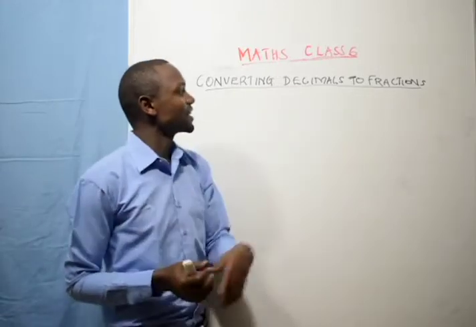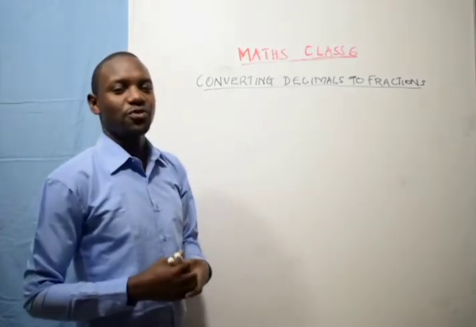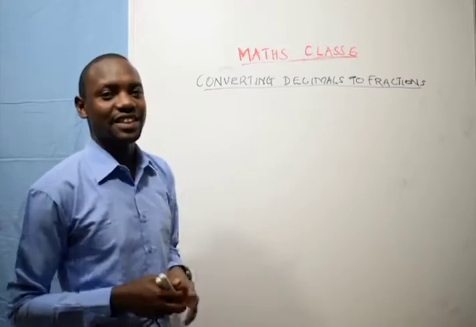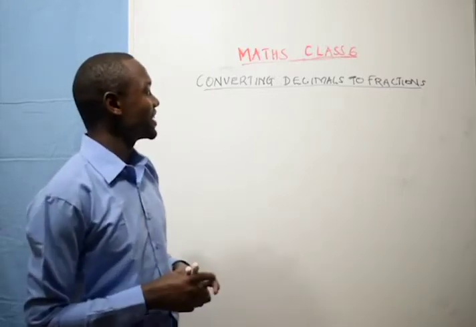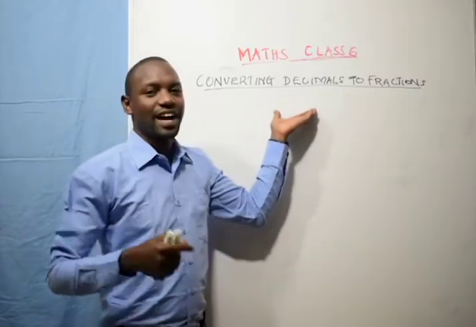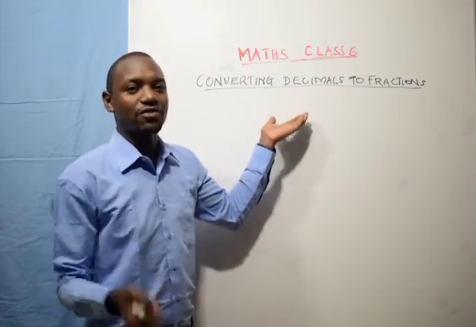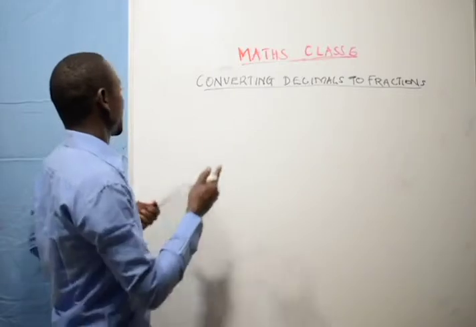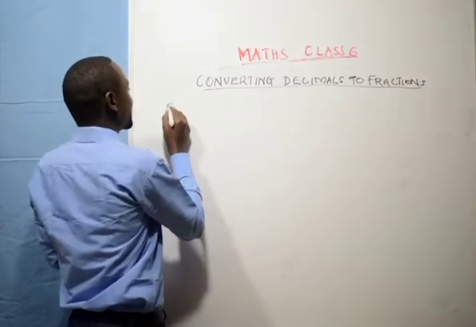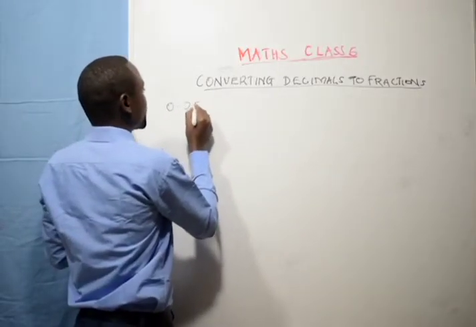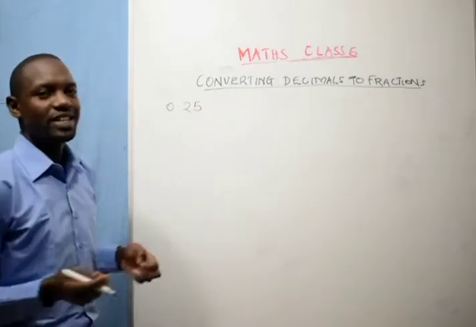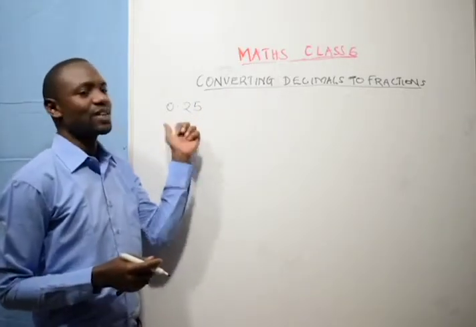How do you convert decimals to fractions? You first look at the number of decimal places in that decimal, then you write it using the denominator as a power of 10. For example, if it's a decimal like 0.25, we want to convert this one to a fraction.